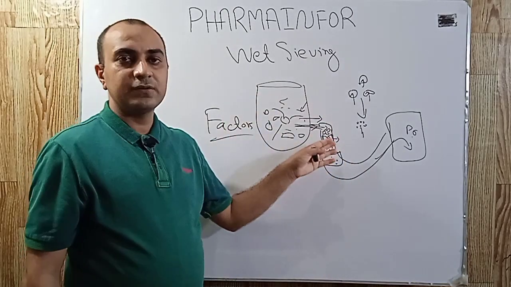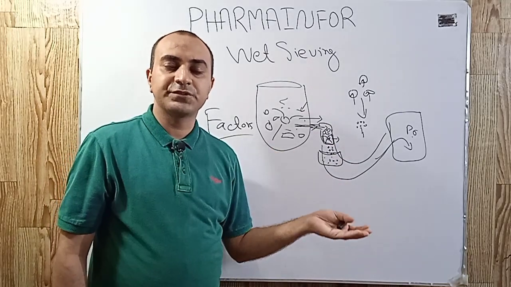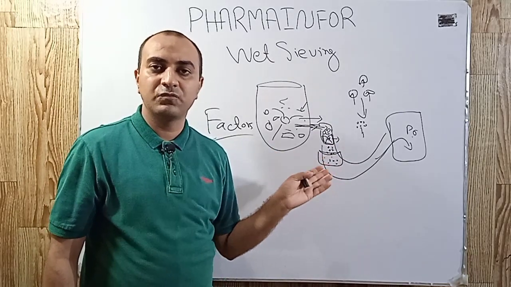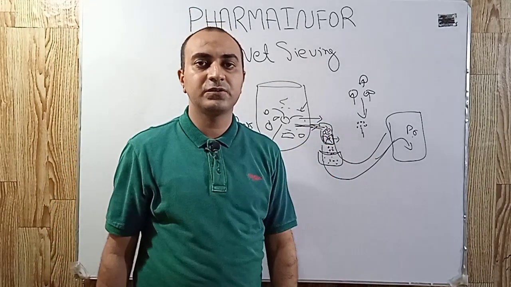So it is better to use a wet mill to enhance the surface area of granules and to convert the large lumps into small size granules.